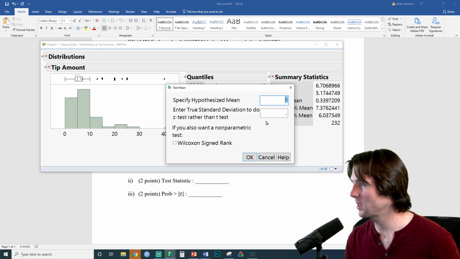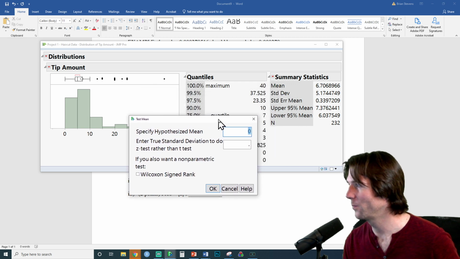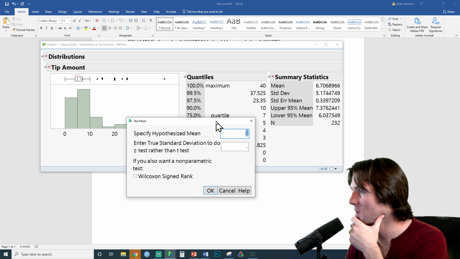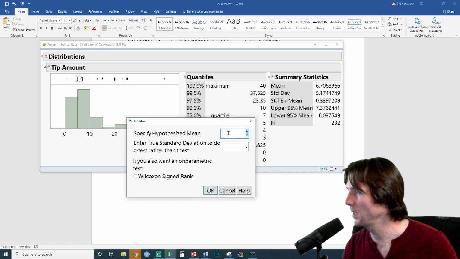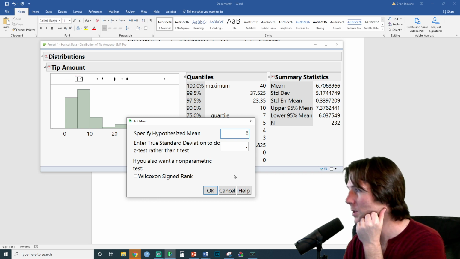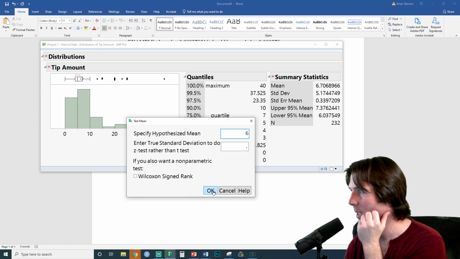The hypothesized amount is going to be 6. 6 is going to have a t-score of about 2.1 and a p-value on the two-sided test of about 0.038.